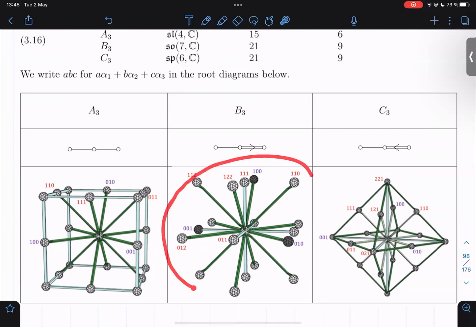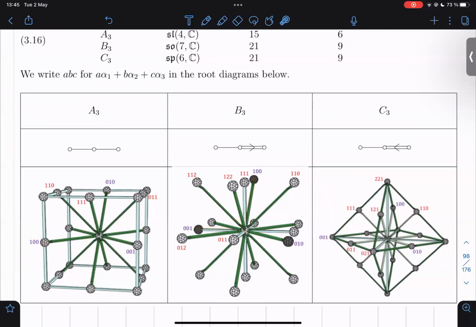In the next diagram, you have alpha 1 over here. This guy and this guy are long, and this guy is short. This arrow points in the direction from long to short. These guys are not connected, so this guy and this guy are at a 90-degree angle.